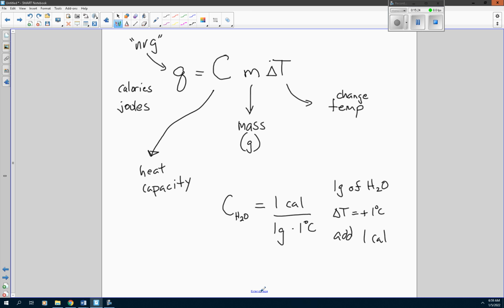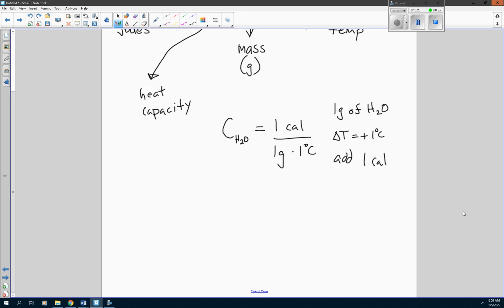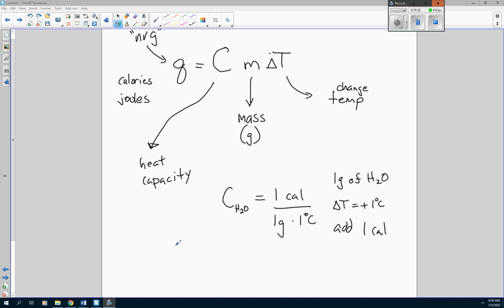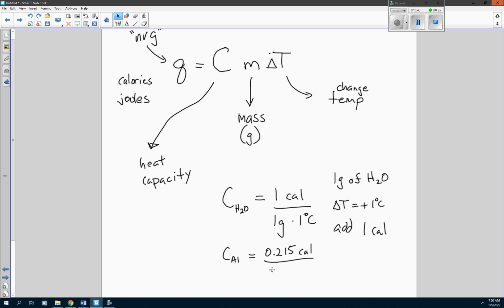Now, if I compare this to something like aluminum, which has a heat capacity very different from water. Aluminum has a heat capacity of 0.215 calories per 1 gram per 1 degree Celsius.